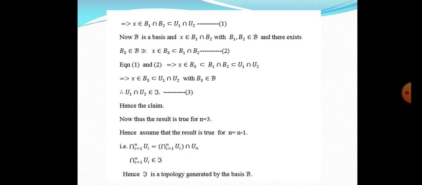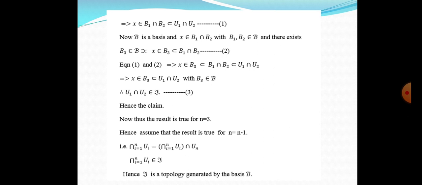Now x belongs to b1 intersection b2. Here x belongs to b1 intersection b2. So comparing equation 1 and equation 2, it implies x belongs to b3, which is a subset of b1 intersection b2, which is a subset of u1 intersection u2.